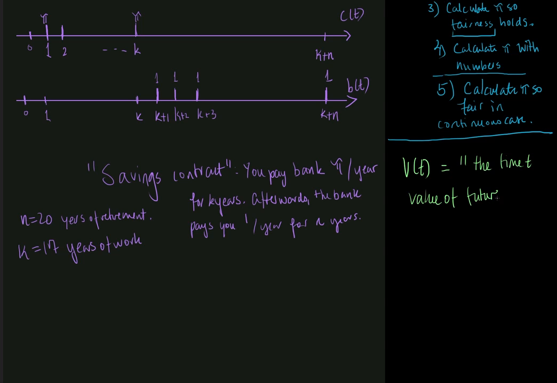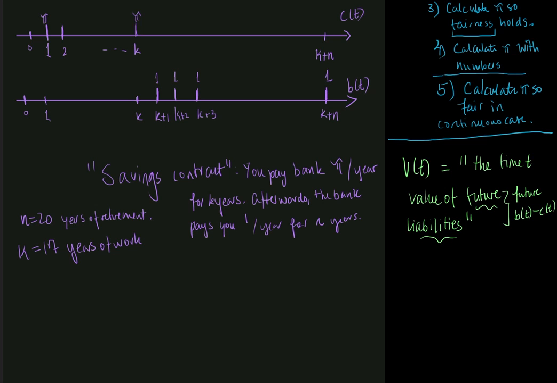And what we mean by future liabilities is the time t value of future net benefits. And that means of the future payments B of t minus C of t.